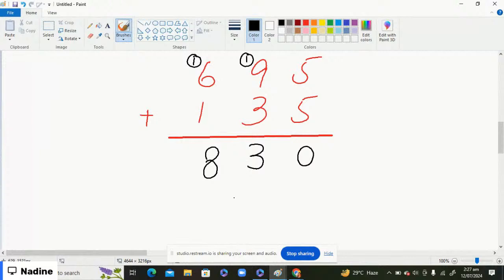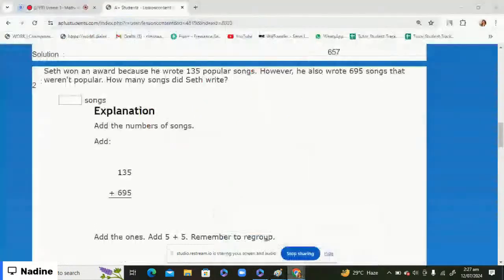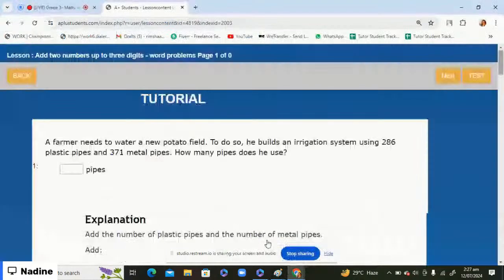Everyone tell me you have got the same answer. All right, good everyone. Okay, let's do some test questions. You solve it, hurry up in your notebook and then tell me the answer.